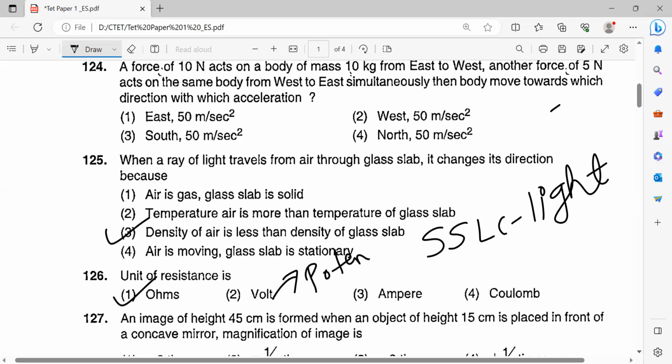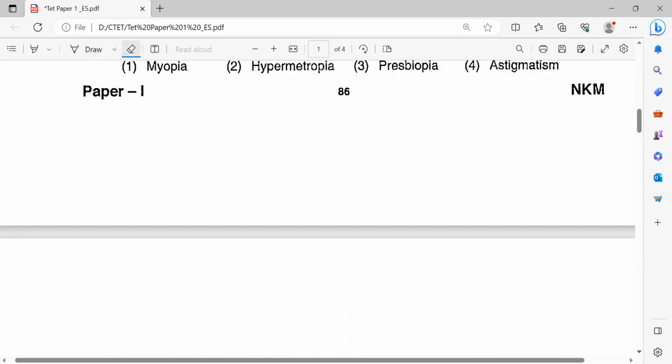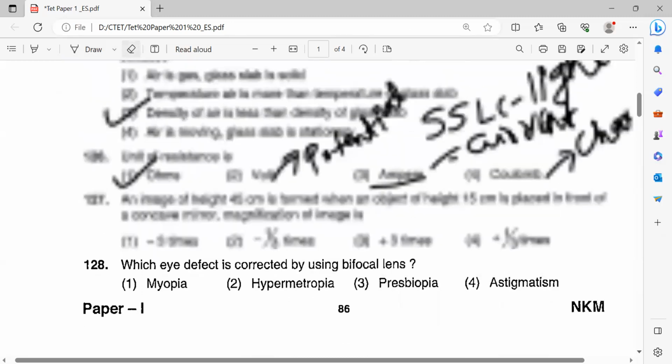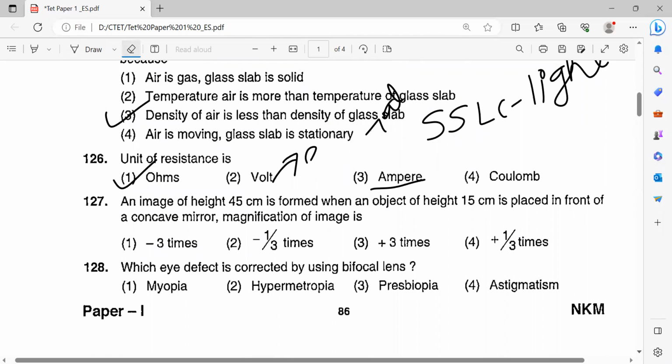Ampere is the unit of current. Coulomb is the unit of charge. So the unit of resistance is ohm.